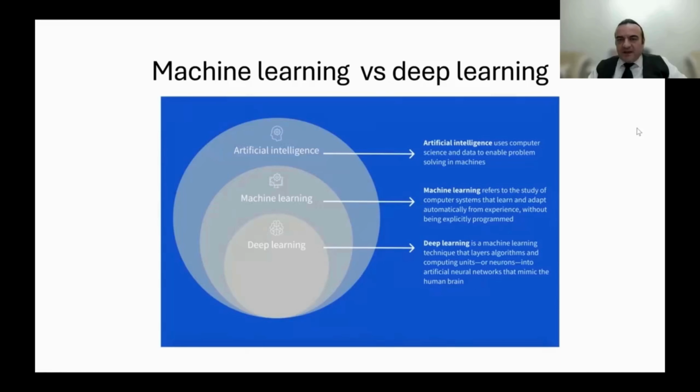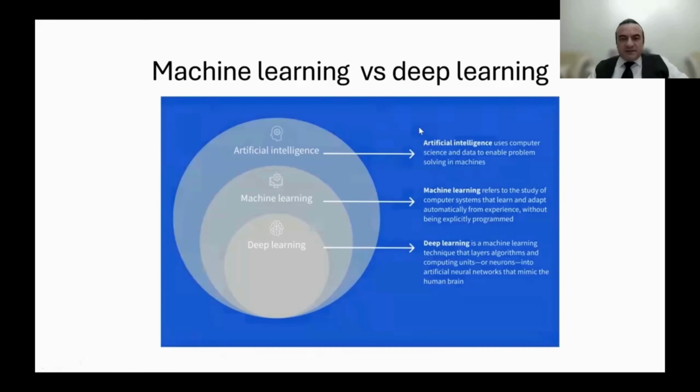I'm not going to touch all the technical details about AI, but especially nowadays, we heavily use machine learning in radiomics modalities, which refers to the study of computer systems to learn and adapt automatically from experience. Deep learning is a machine learning technique that layers algorithms and computing units.